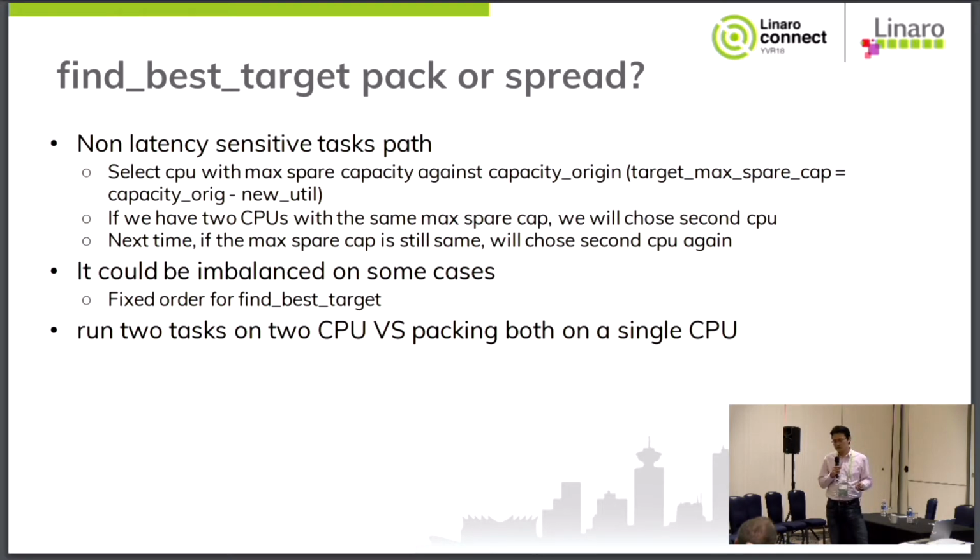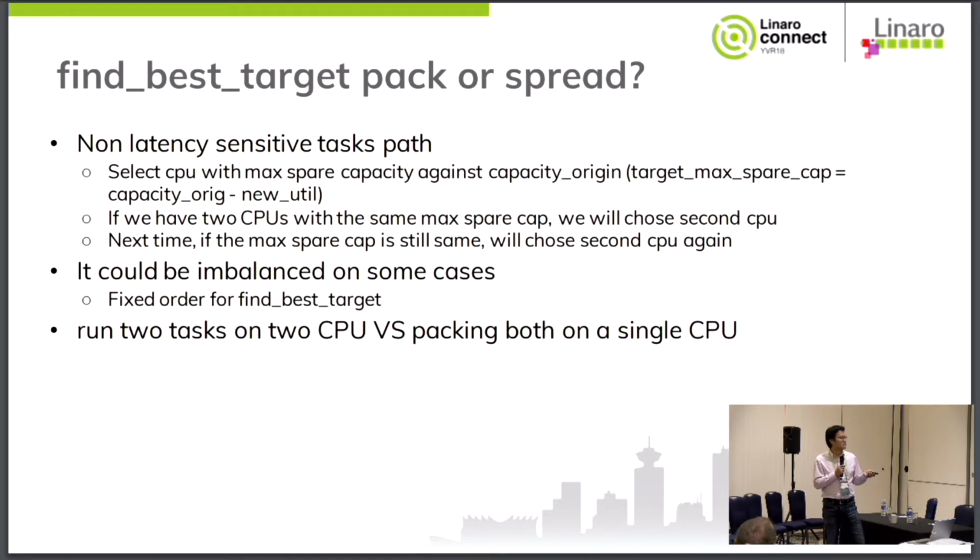It's based on the 4.9 kernel. Because for the non-latency-sensitive task path, even if it is a boosted task, find best target, FBT, will select the max spare capacity CPU.